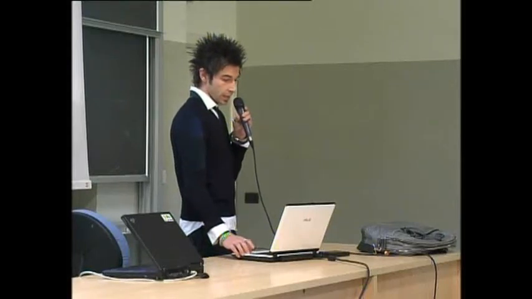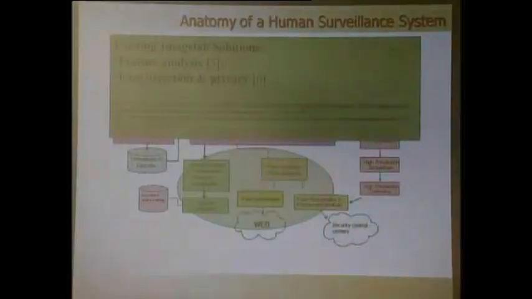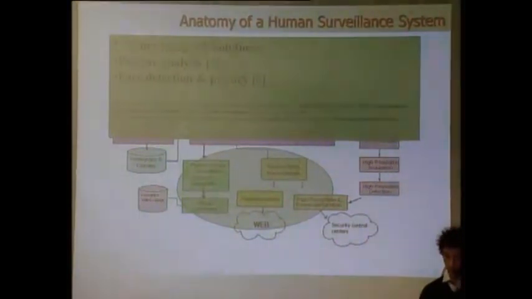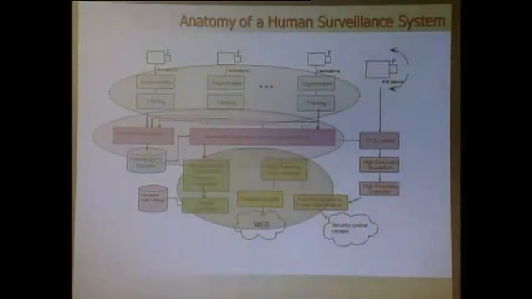The existing Imagelab solutions previous to my PhD were a system for moving object segmentation, a system for shadow analysis, and a tracking system. Related to high-level reasoning, there were a system for posture analysis and face detection. During my PhD, I studied all three stages of the processing chain of a video surveillance system.